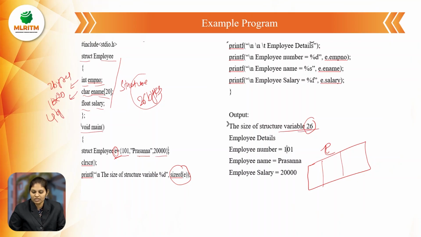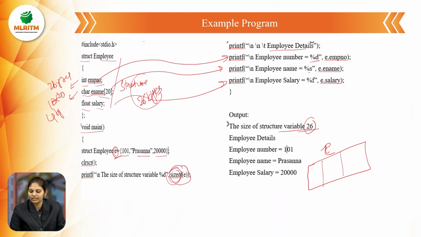Sizeof means the size of the particular variable. If you mention sizeof, it will provide the variable size. So here in the employee details I am giving the employee number, employee name and employee salary. Mandatorily, you have to use percent d for integer, percent s for the character name, and percent f for float salary.